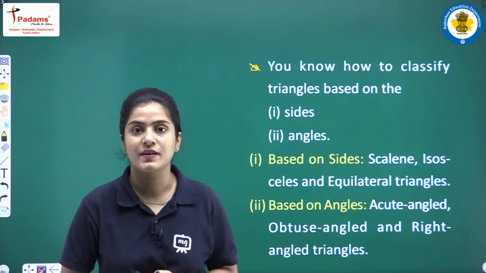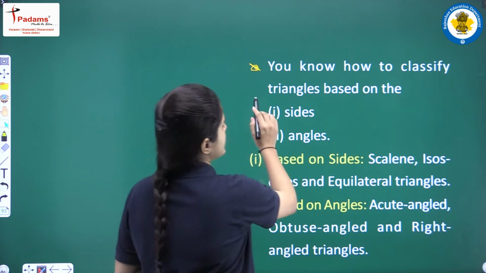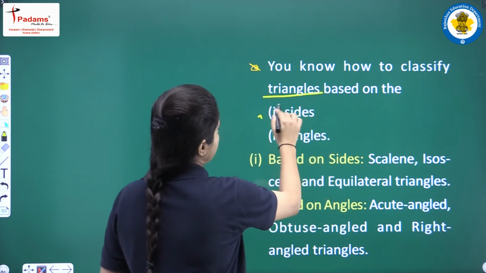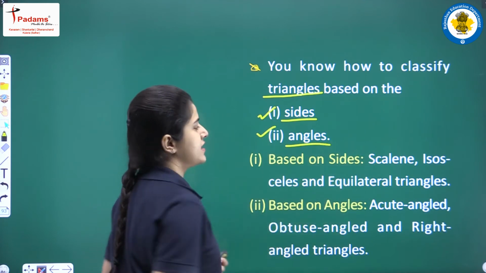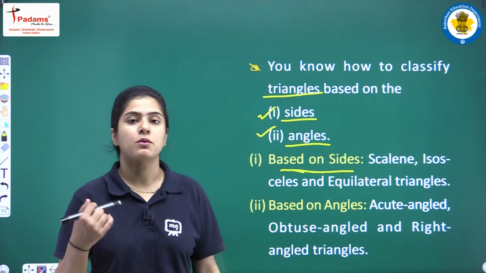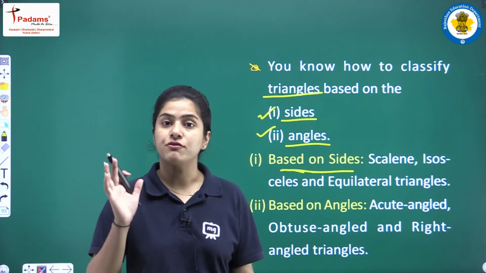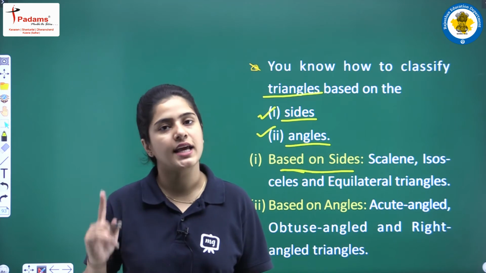We will classify the triangle based upon sides and based upon angles. So firstly, based upon sides, triangles are of three types: scalene triangle, isosceles triangle, and equilateral triangle.